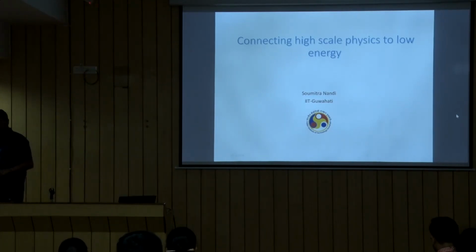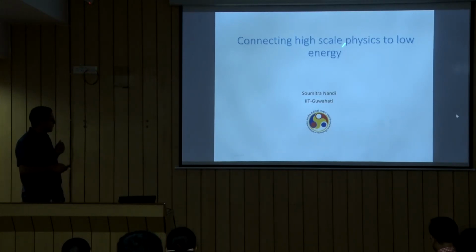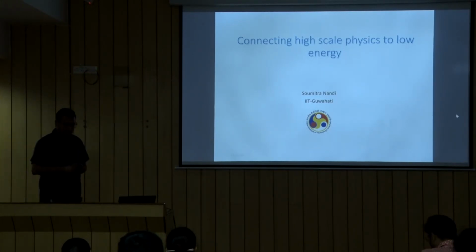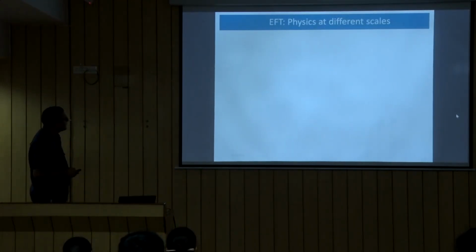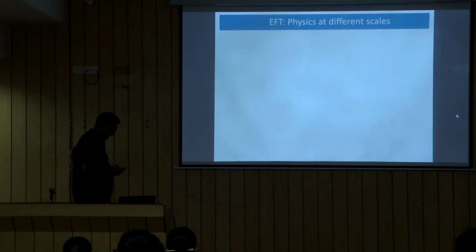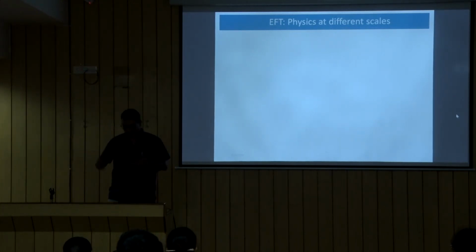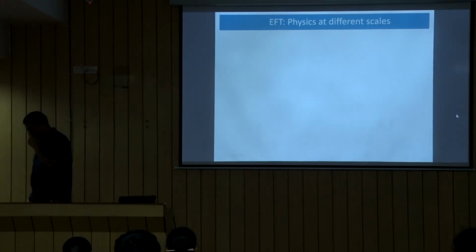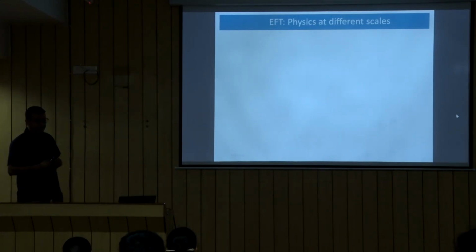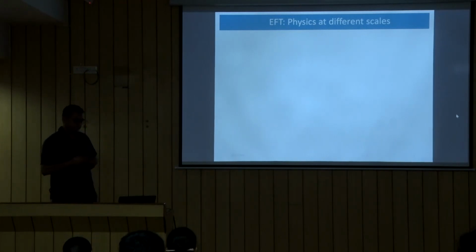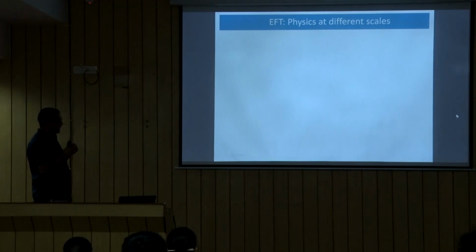So what I will do in this talk is discuss how this mechanism works. As you know, in effective field theory you can write down your set of operators at different scales. You can integrate out particles of your choice, pick up the particles you are interested in, and write down the operators in a gauge invariant way.